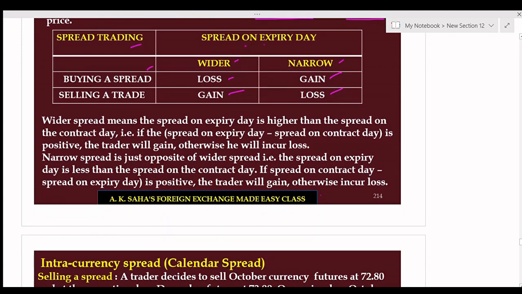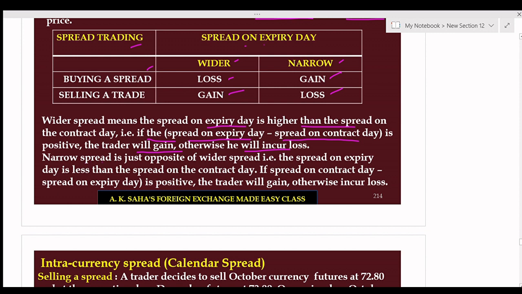A wider spread means the spread on the expiry day is higher than the spread on the contract day. That is, if the spread on expiry day minus the spread on contract day is positive, the trader will gain, otherwise he will incur a loss. That is in the case of a selling trade.